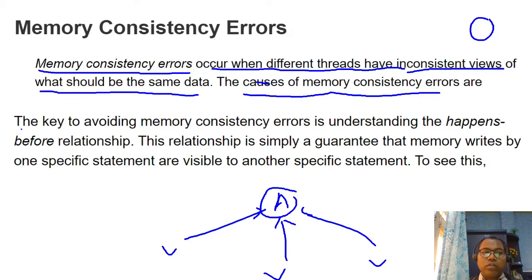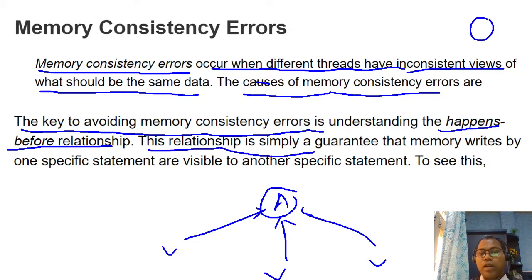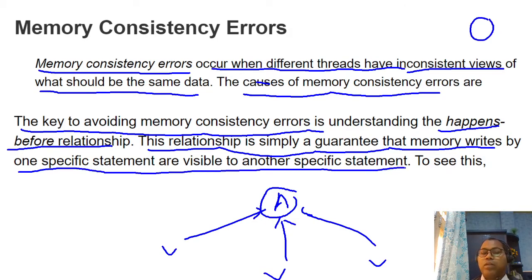So the key to avoiding memory consistency errors is to understand the happens-before relationship. This relationship simply guarantees that memory writes by one specific statement are visible to another specific statement as well. So how to guarantee it? If some thread writes a value, then whatever it has written, the updated value should be reflected to all the threads. This is known as the happens-before relationship.